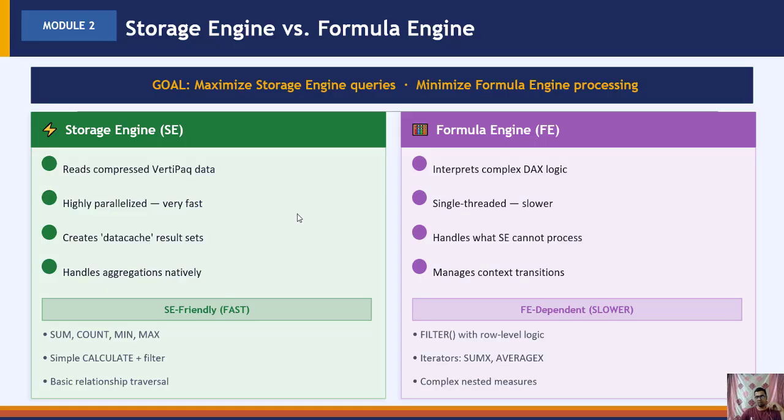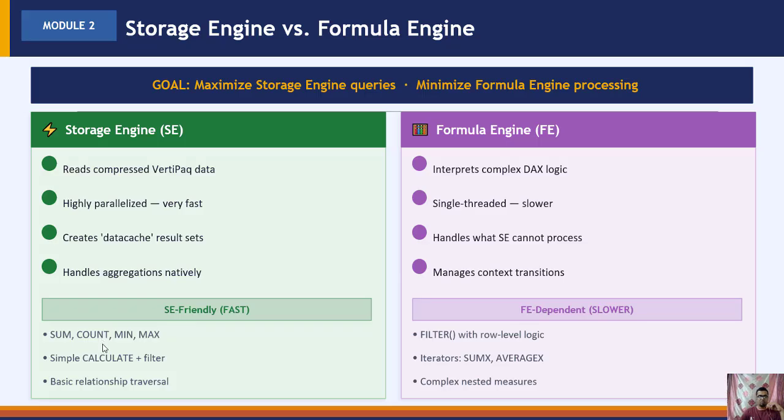That's how VertiPaq works internally. Most of the time you need to leverage the storage engine. The formula engine handles complex context transition. That's why in this example, with most of the iterated functions, row-level evaluation and context transition happen in the iterated function, and that's where the formula engine comes into the picture.